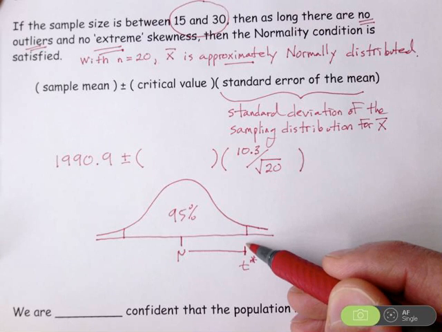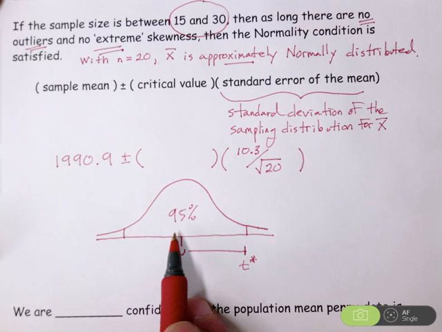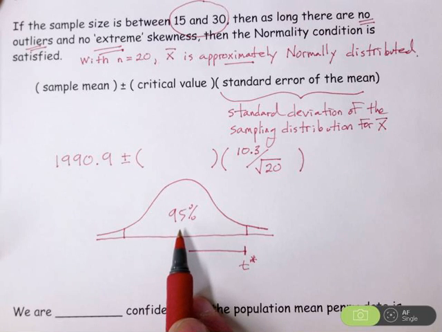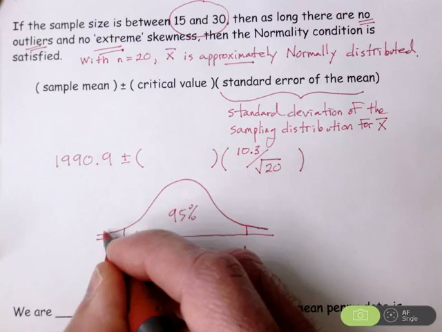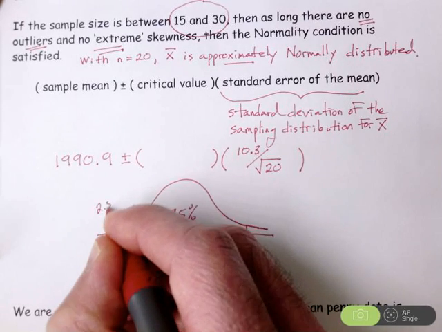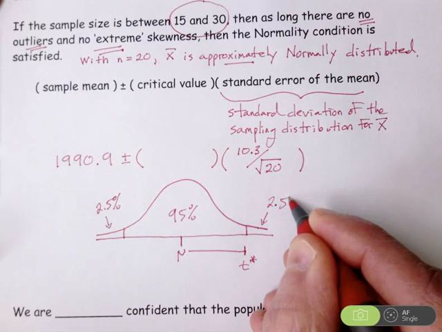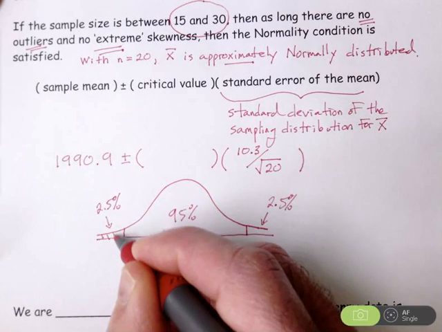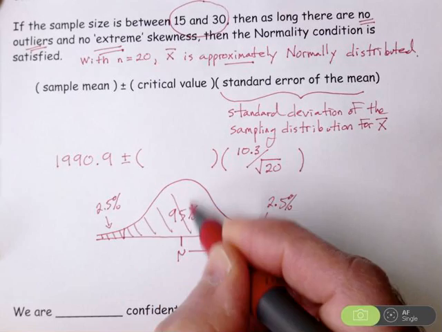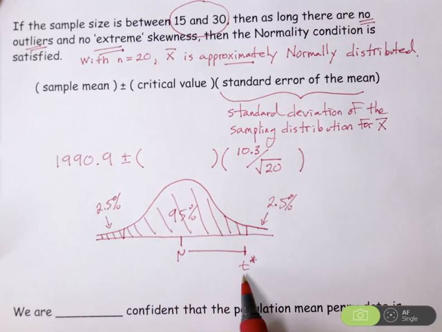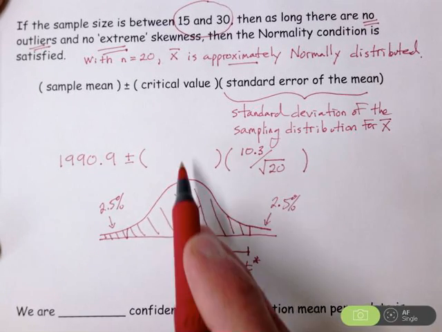If we're looking at the middle 95% of the distribution, then we are ignoring 5%, the lowest 2.5% and the highest 2.5%. So the total area underneath my critical value is 97.5%. That's what I want to enter.